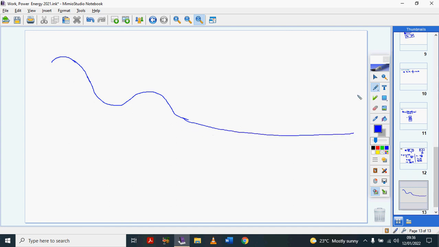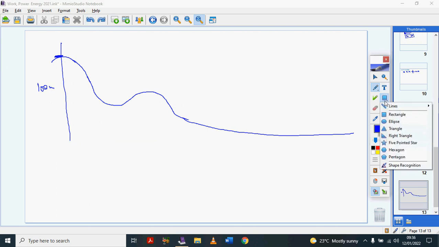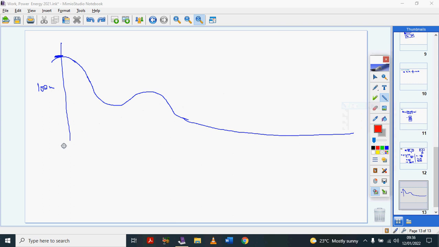Let's say this roller coaster starts out at a height of 100 meters. This is 100 meters from the top to the ground. I can't draw straight lines. 100 meters from up there to there, okay?